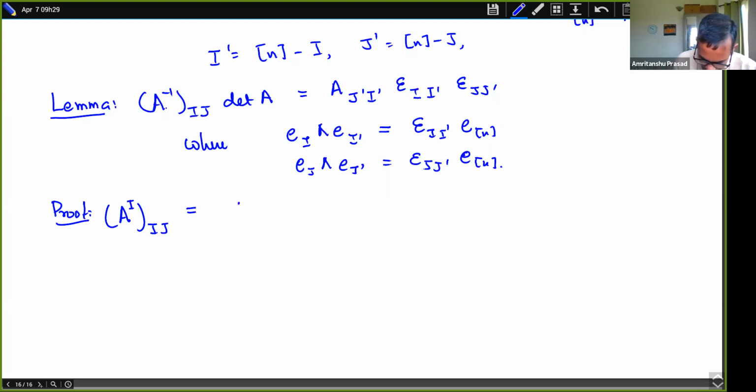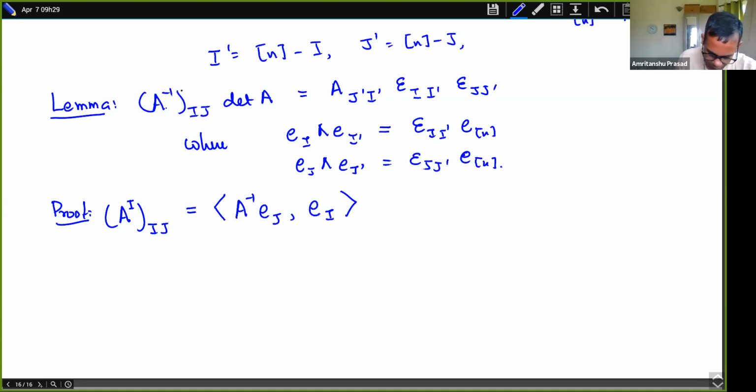That means I have to take A inverse and apply it to e_J, and then figure out the coefficient of e_I. So just for want of a better notation, I will write the coefficient of e_I in the expansion of e_J in this canonical or standard basis using these inner products. Okay, so that's what the left hand side expression is.